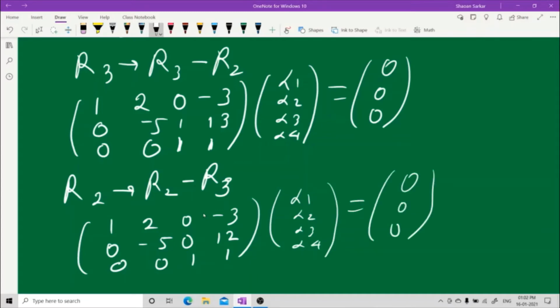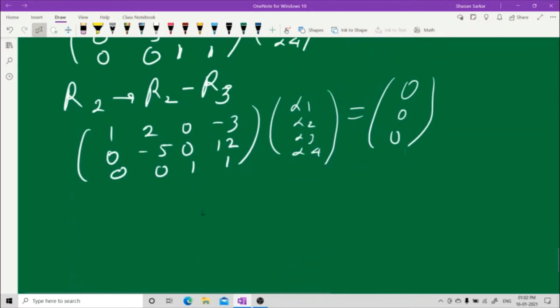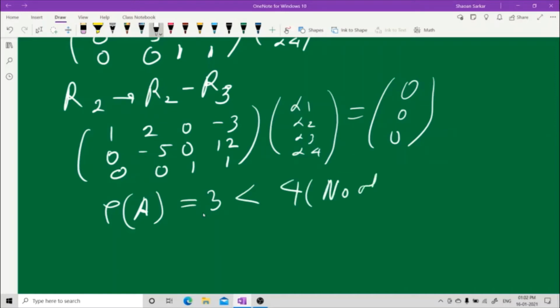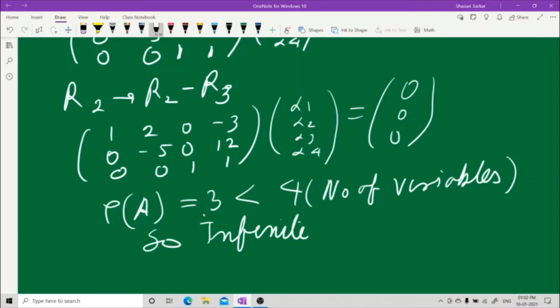Now you will see one thing. See, now the rank of this matrix is 3, which is less than 4, the number of variables, so infinite solutions, right?